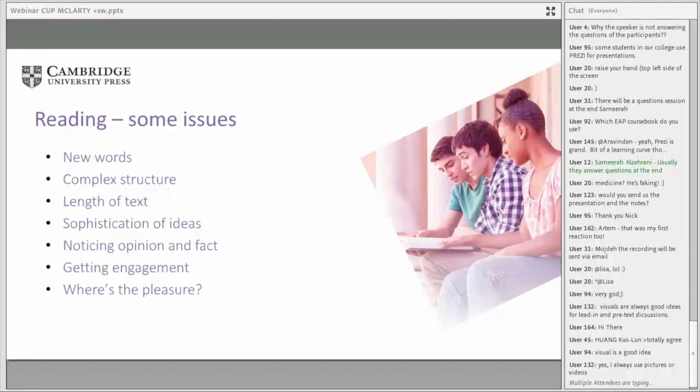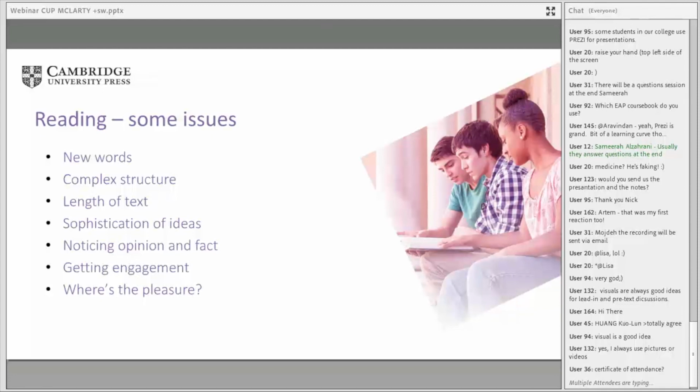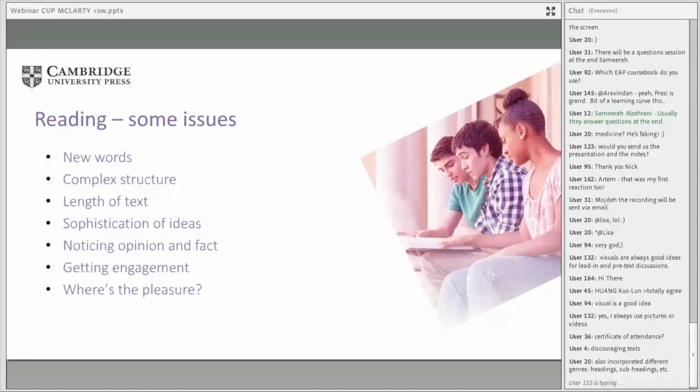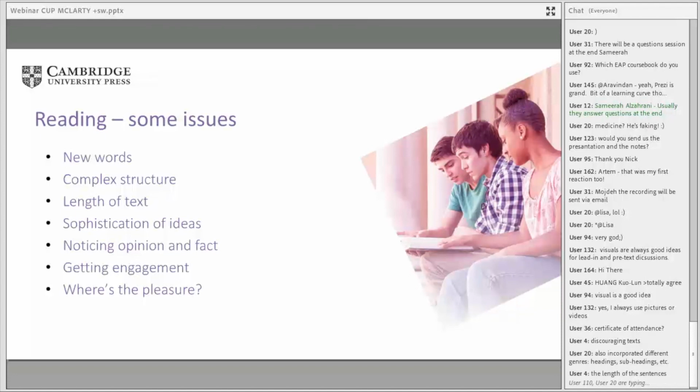So one of the issues that our students often are worried about is the sheer number of new words in a text. They're worried by the complex structure of the text. They're worried by the length. The sophistication of the ideas is also an area where they begin to show a little bit of weakness, not noticing necessarily the difference between opinion and fact.